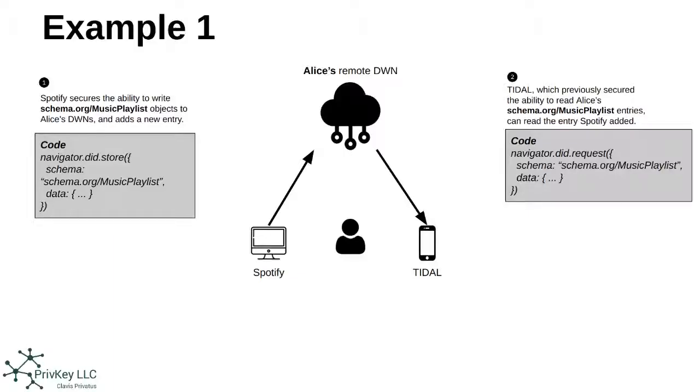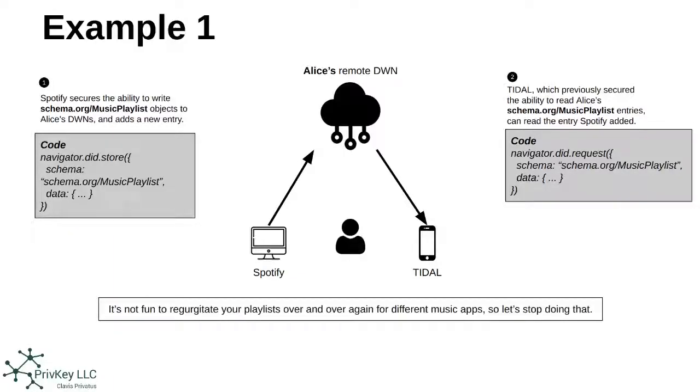In other words, why do we have to recreate these playlists over and over, with the tedious process of import and export, hoping that the playlist gets there? This is a common problem, and that's why people don't move from Spotify to another application, or from one application to Microsoft to Google, because of this painful process.